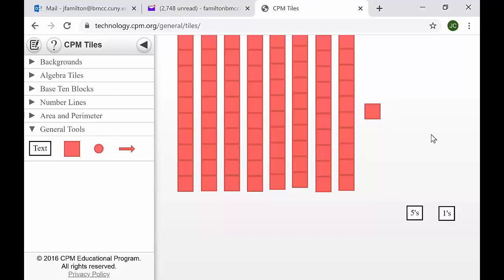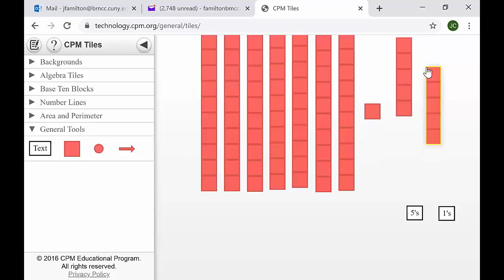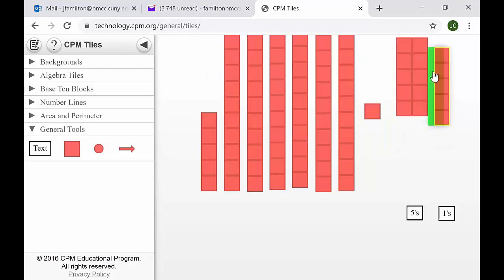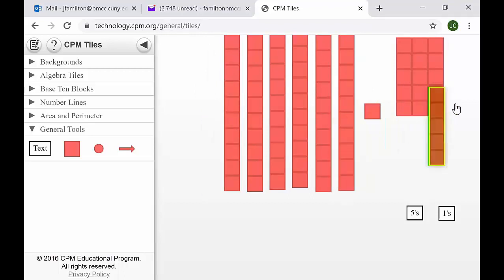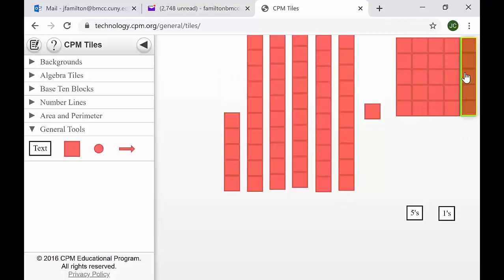Now, what I would like to do is see how many 25s I could get out of these 8 rods. So I'm going to have 1, 2, 3, 4, 5. So that gives me 1 base 5 flat, or a 25.